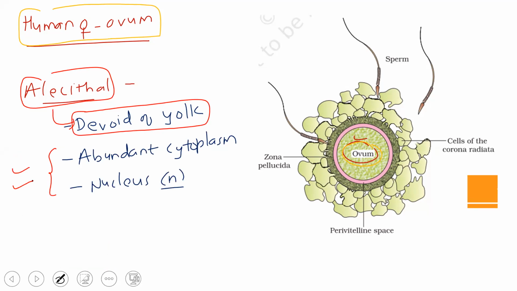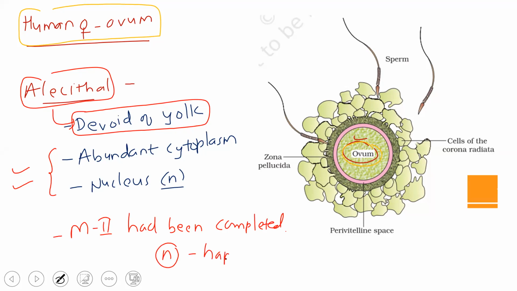Remember that once the secondary oocyte is fertilized by sperm, the ovum will be formed, and it shows that meiotic division 2 has been completed, because it only happens if there is fertilization. So now the female egg cell is referred to as the ovum, which is haploid. You can see this is the ovum.